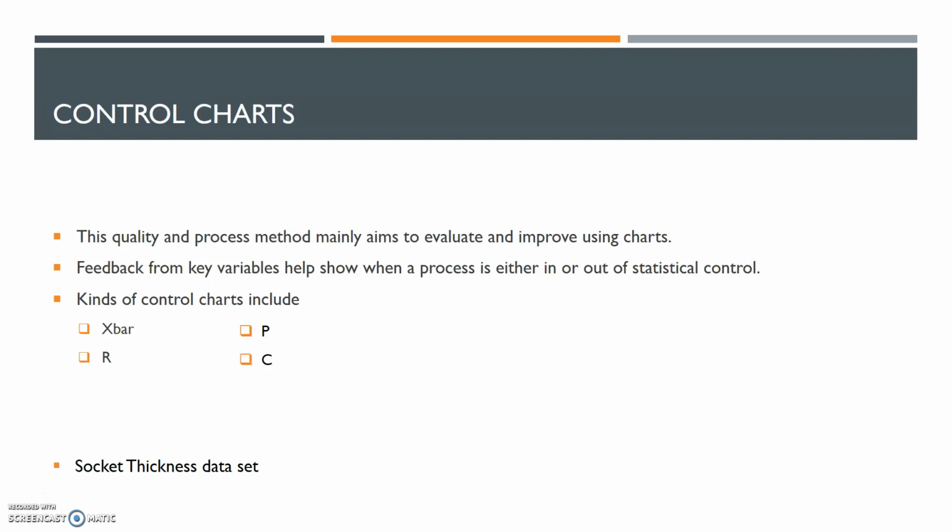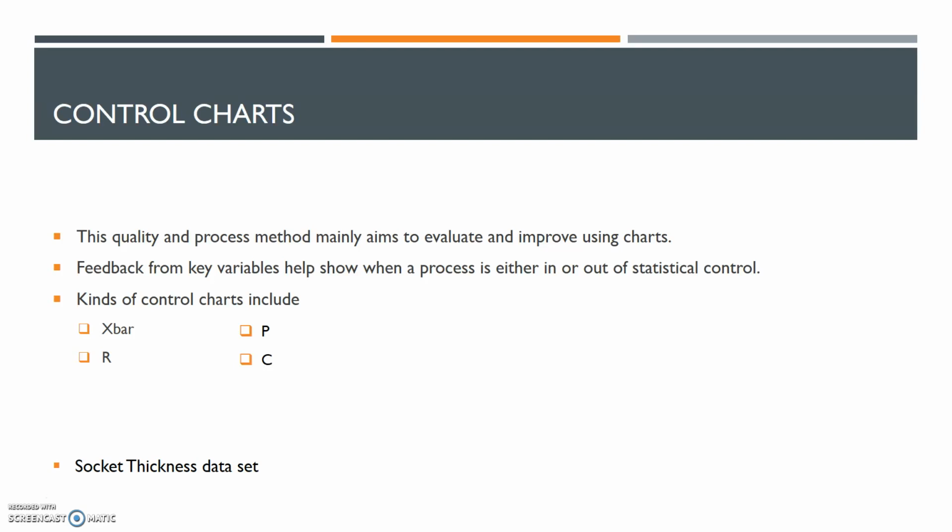The P chart usually shows proportions, and then the C chart, which is for control, shows lower and upper control limits, or displays control limits.